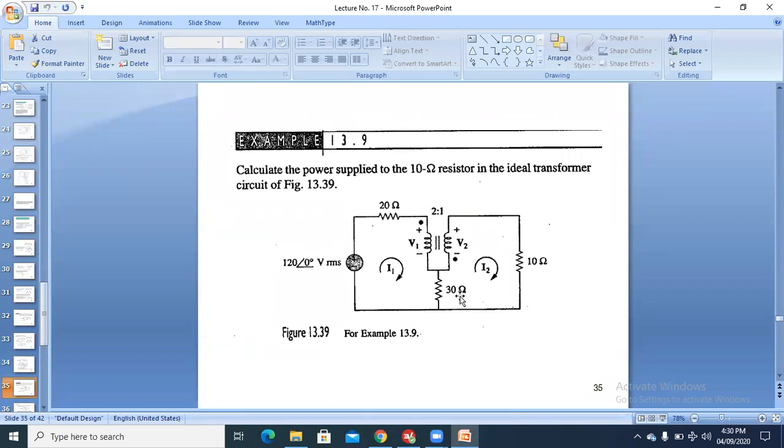So in this, we have to calculate the power supplied to this 10 ohm resistor. And the turn ratio is 1/2, right? So how to do this?